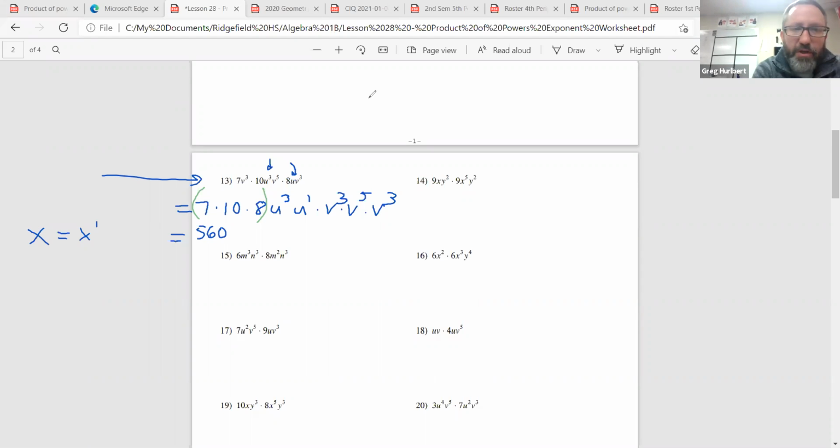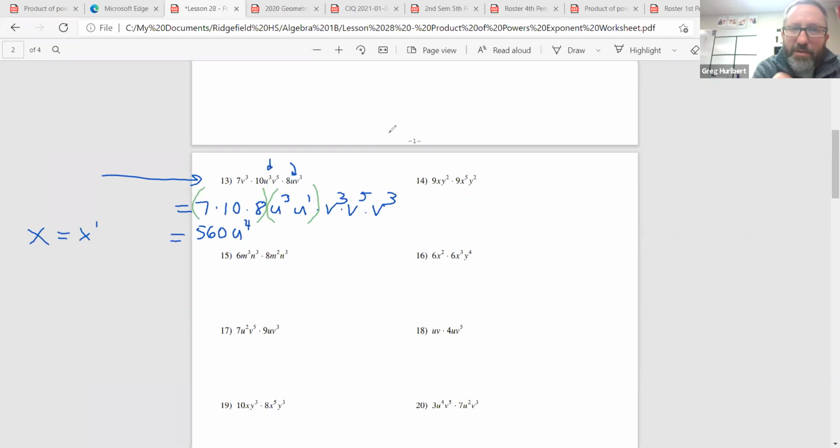Now I'm going to do all the u part together. Since they have the same base, I can add their exponents. So we can add the exponent 3 plus 1 and get u to the 4th. That's the power on the u.